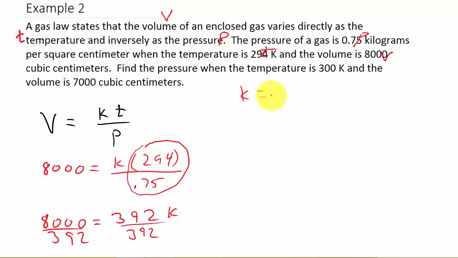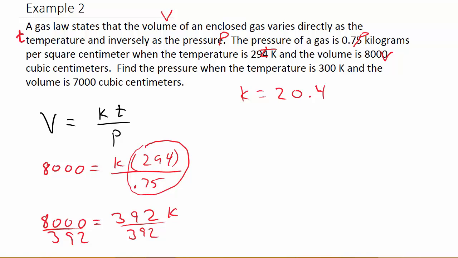So k is, let's see, it comes out to a long decimal. I'm going to round it to 1 decimal place. The actual answer is 20.40816327.